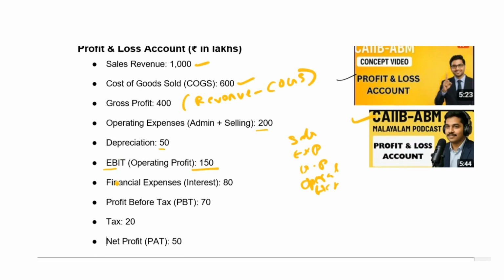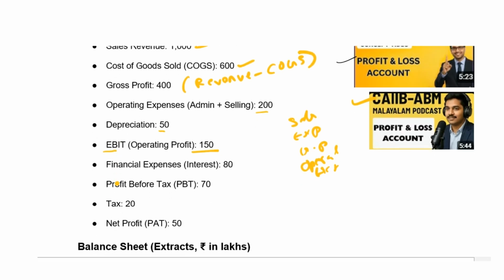Okay, then you deduct financial expenses, which is nothing but your interest payments. The company might have availed various loans, so interest payments towards those loans is shown as financial expense, again another non-operating expense. This will be deducted from the operating profit, and then you will have profit before tax.